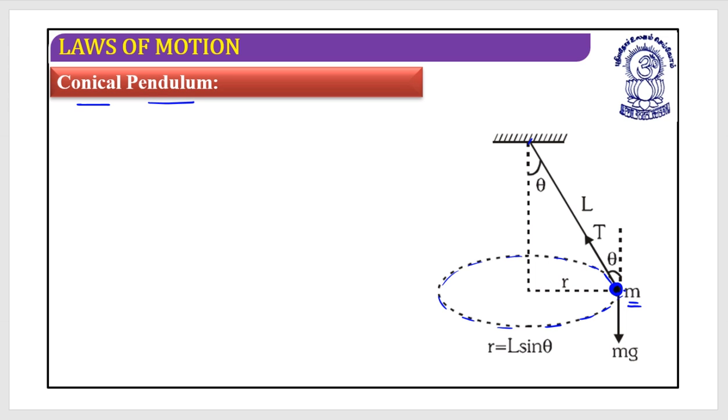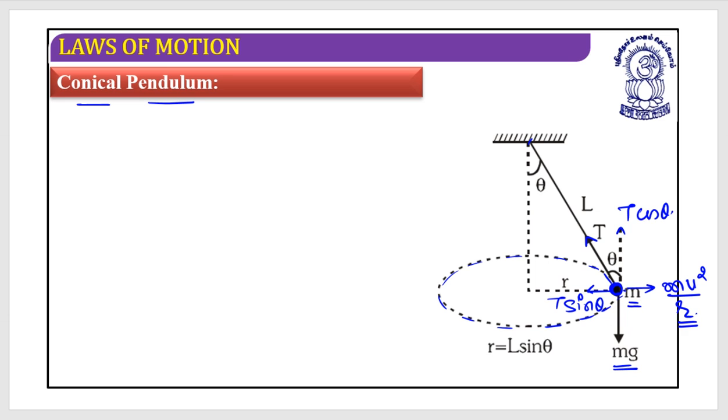So let's assume that this is mass m, and this is the mg, this is the tension T. If this is tension T, this could be written as T cos theta, this could be written as T sin theta, and this is the mv square by r, or you can have the m r omega square. Let's work with the mv square by r.